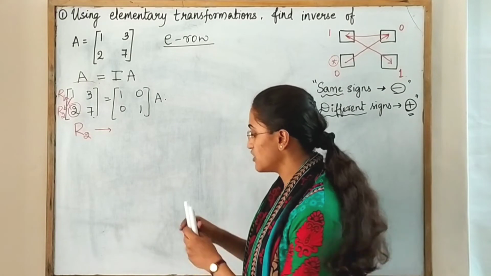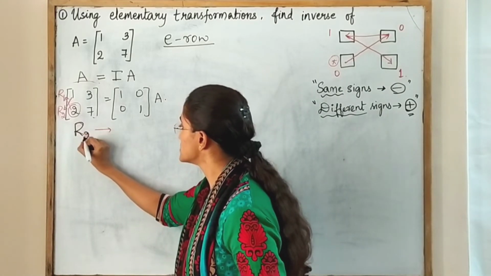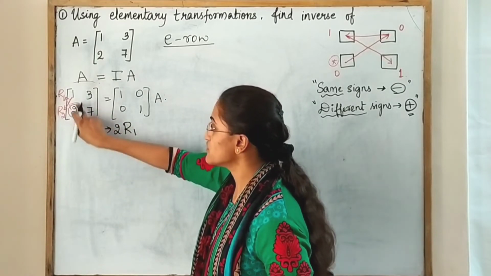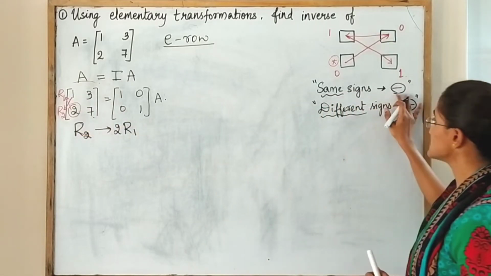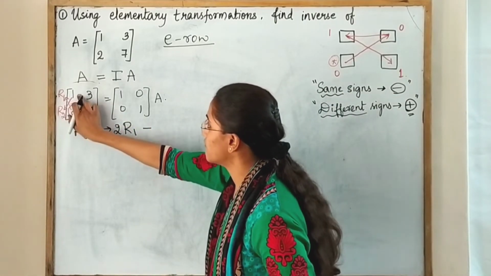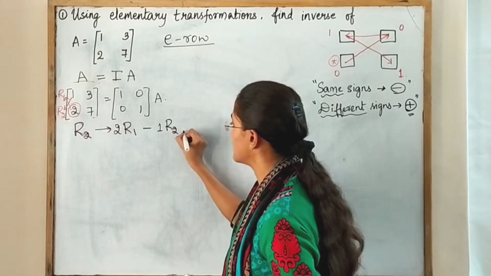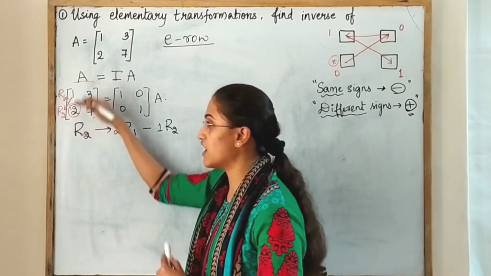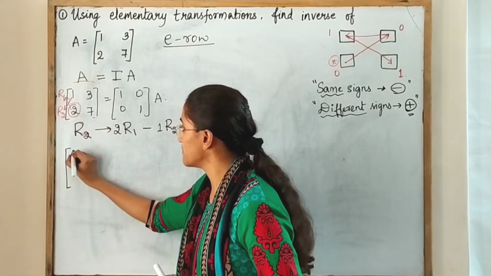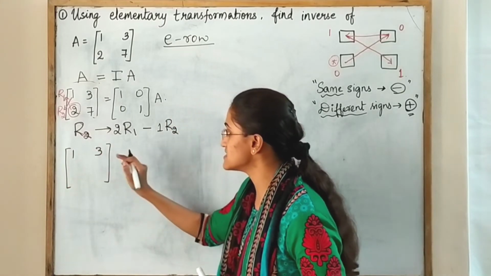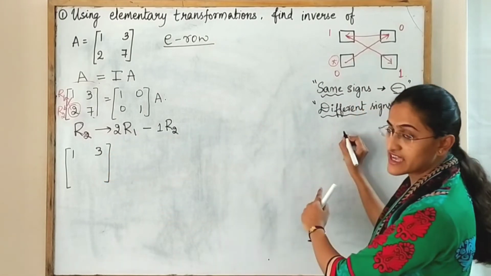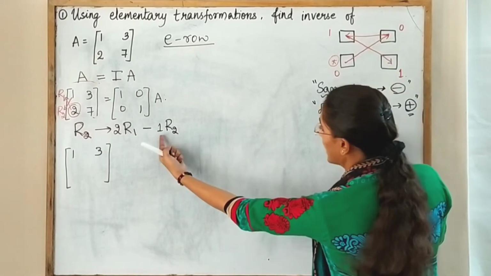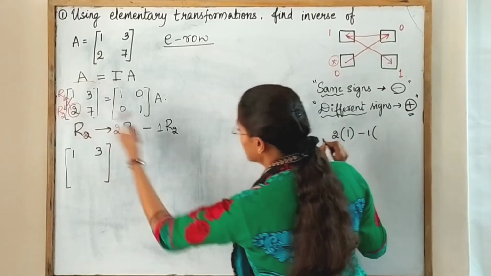Now, continuing the operation, R2 changes to 2 times R1. Since we have the same signs, what do I have to use? I'm using a negative sign. Then 1 times R2, right? Now, this is nothing but the elementary row operation. We already know how to solve this. The first row remains as it is. Only the second row changes. Here is the working: 2 times the corresponding element in R1, which is 1, minus 1 into the corresponding element in R2, which is 2.